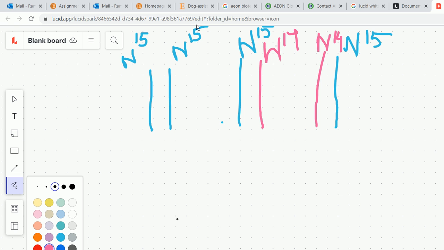Now in the second cycle, what will happen? If we talk about this molecule, these two strands will separate. So this has nitrogen 15, and this is the second strand. This will also separate. This is nitrogen 14.